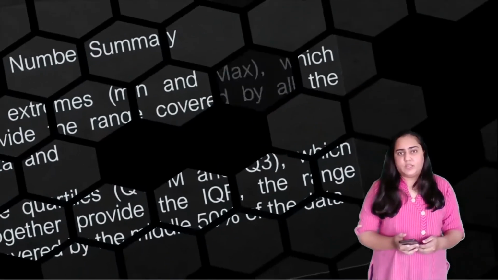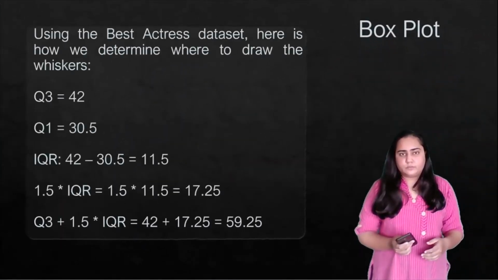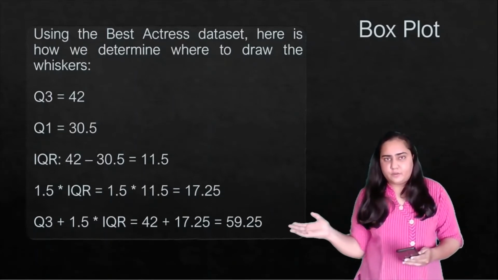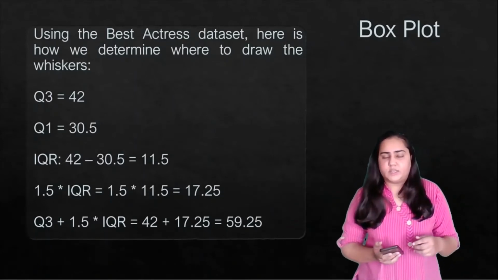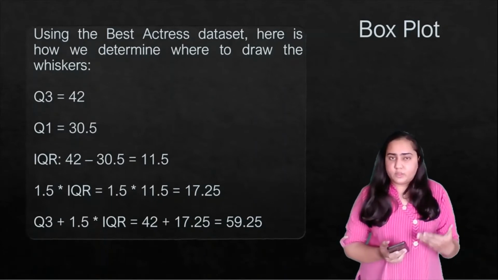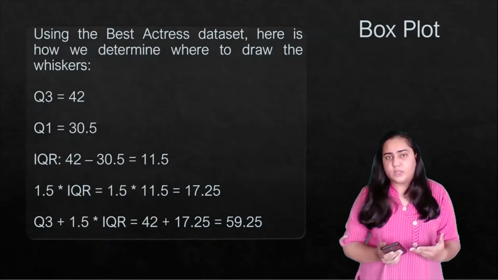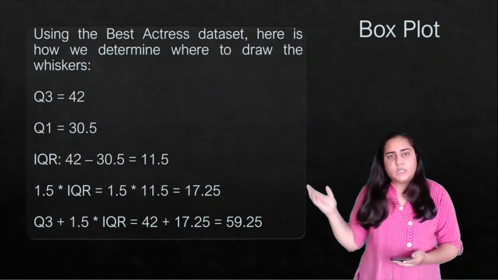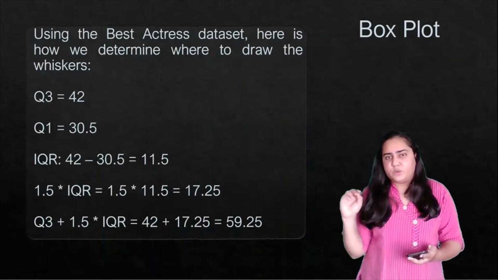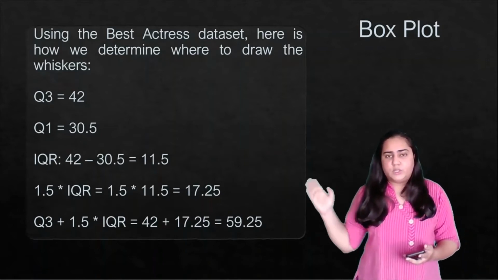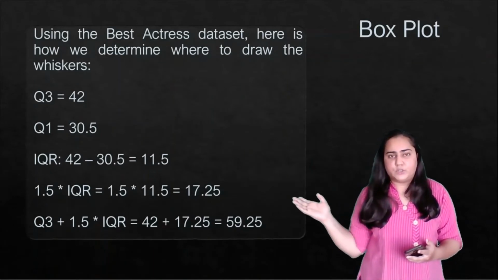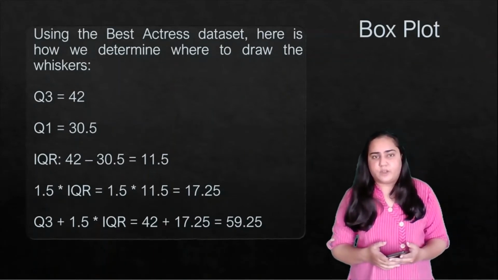The box plot can be created in this manner. We are going to use the data we have for the Best Actresses data set. These are the actresses who won the Best Actress Award in the Oscars from 1970 to 2013. We are going to create whiskers on our box plot using this data. We calculated that Q3 is 42 and Q1 is 30.5.